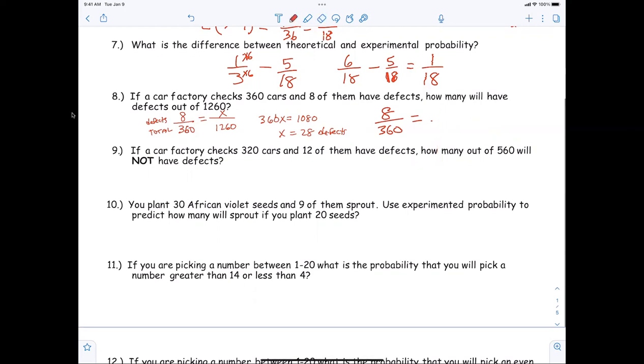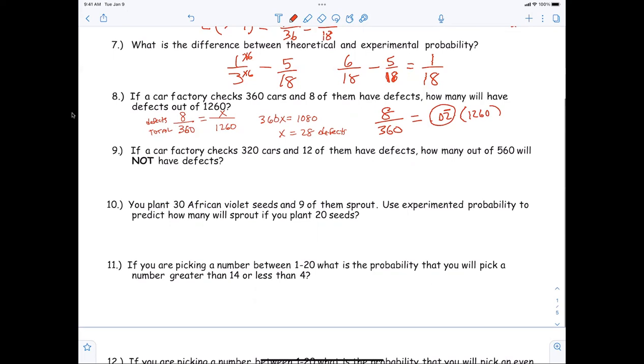Okay, so now take that number on your calculator and multiply that by 1260. And that's 28, right? Because I converted this, right? Is everybody okay with that? Does that make sense to everybody?